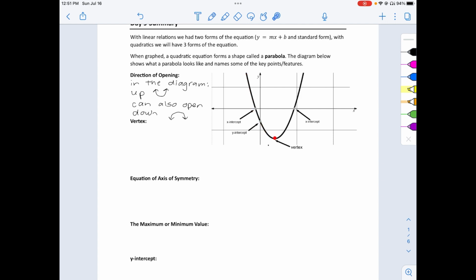We hit the vertex and then it starts increasing and it will continue to increase forever. So the vertex is either the lowest point, or if your direction of opening is down, then it would be the highest point on the curve.